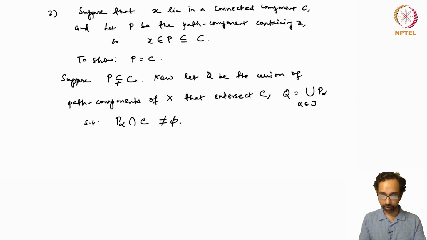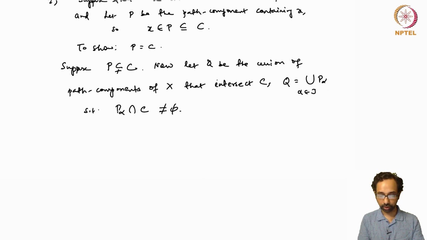And now this will lead to a contradiction, because we will have a separation for this connected space C.